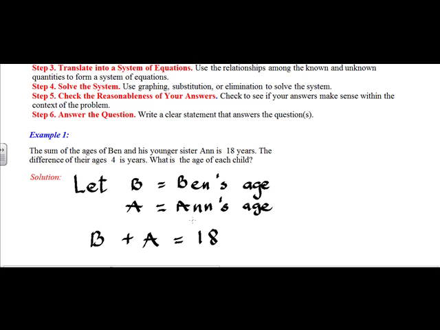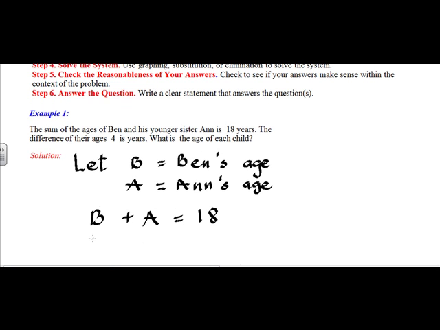That is the first sentence that we translate. The second sentence says the difference. The difference means subtraction. The difference between their ages means B minus A equals 4, because they are 4 years apart.